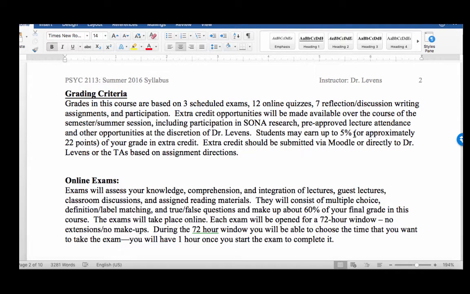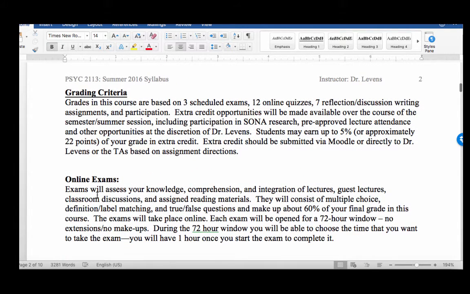It is capped at 22 points, which is 5% of the total points in the class. I highly recommend that you take advantage of all extra credit opportunities available to you, because extra credit is the way for you to, quote unquote, bump your grade. I do not bump grades. The extra credit is your way to take you from that 78% or 79% to above an 80%, for example.